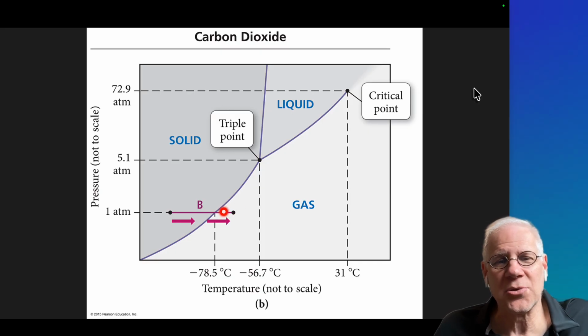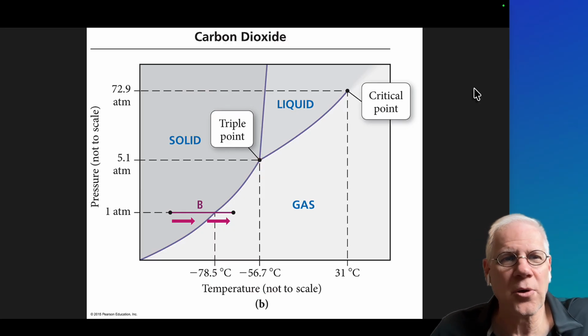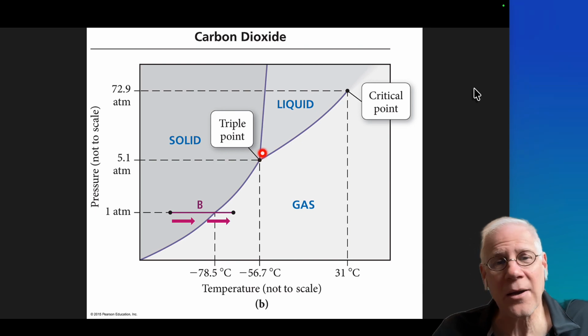Now, if you want to take it to its triple point, you have to go all the way up to 5 atmospheres of pressure just to get liquid in equilibrium with any of that. If you want your carbon dioxide to be in a liquid state at all, you have to go higher than 5.1 atmospheres, and be warmer than minus 56.7 at most pressures.